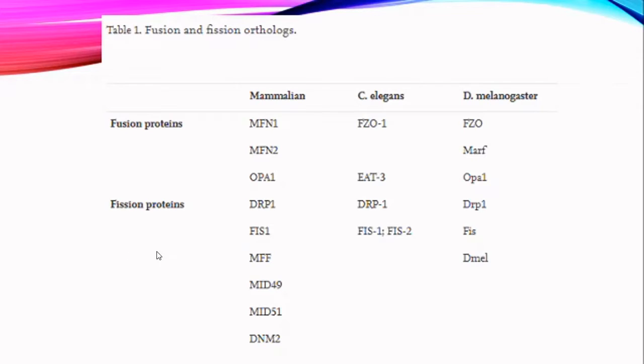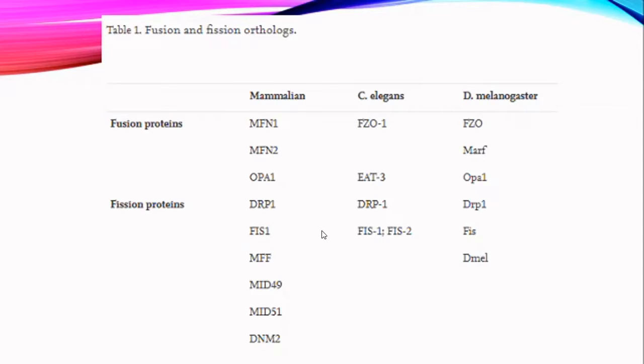So we have DRP1, FIS1, MFF, MID49, MID51, and DNM2. Now, to know the meaning of these words, it was present already sa inyong textbook. Katong gihatag na ko na PDF file na libro. So, yun ang source ng ano.